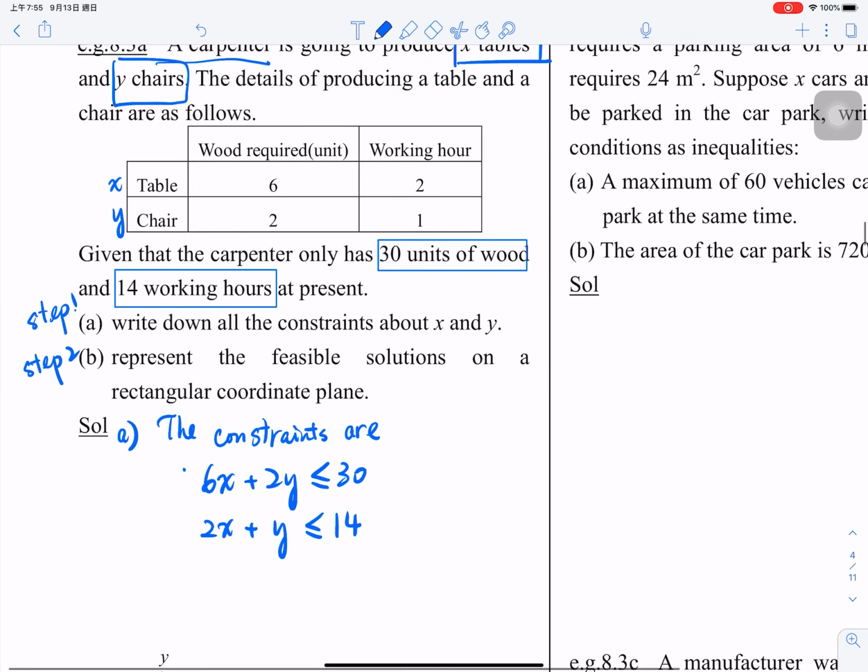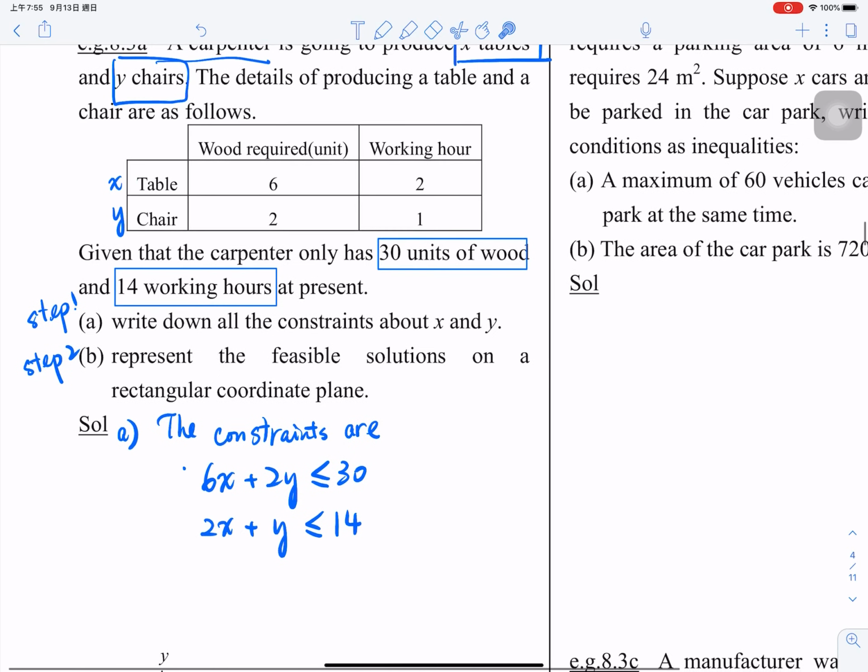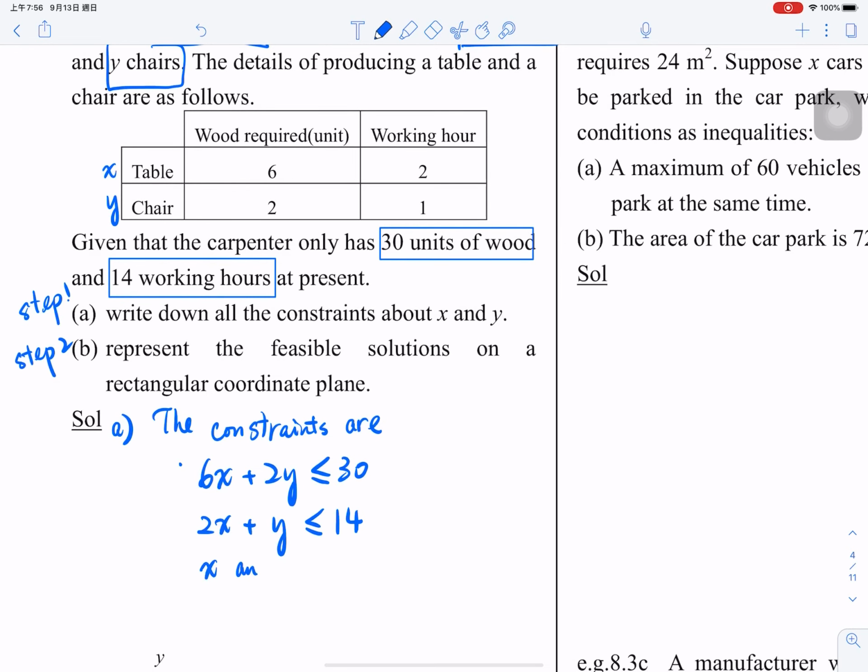Okay, the last constraint I think you need to memorize. Sometimes we use X and Y representing the things, one is table, one is chair. So any condition for X and Y? Yes, X and Y are non-negative integers.